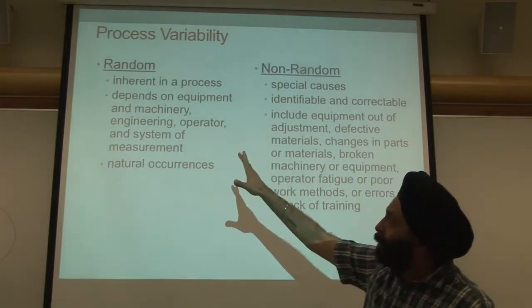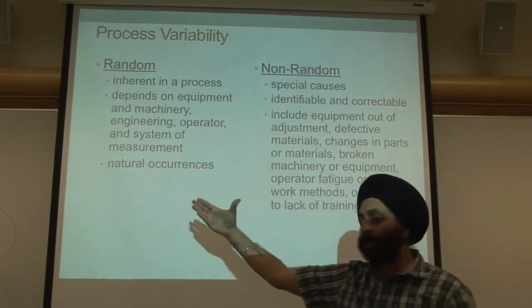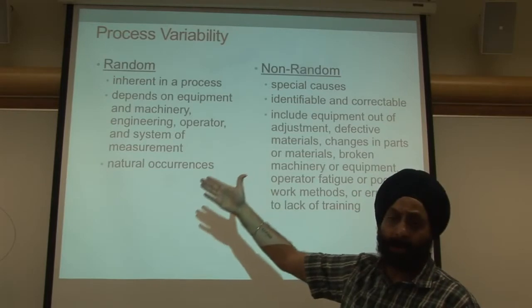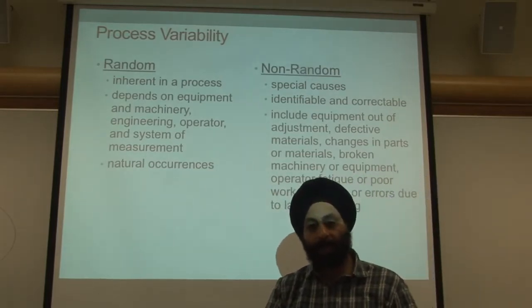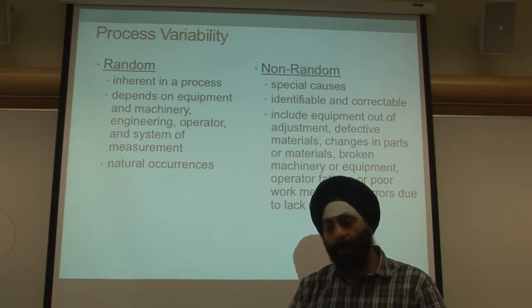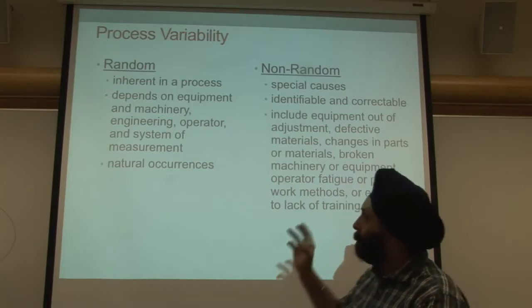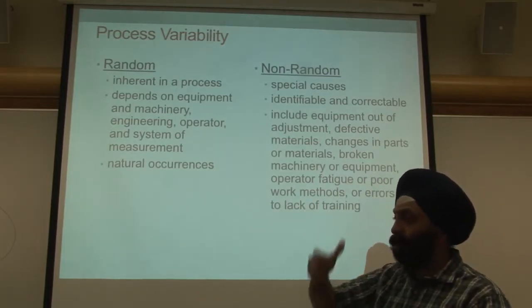Random causes of variability, also known as common causes, are inherent in the process, something which we can't pinpoint as to what's causing it. It just happens to be. Every time a process is done, it may not finish exactly.